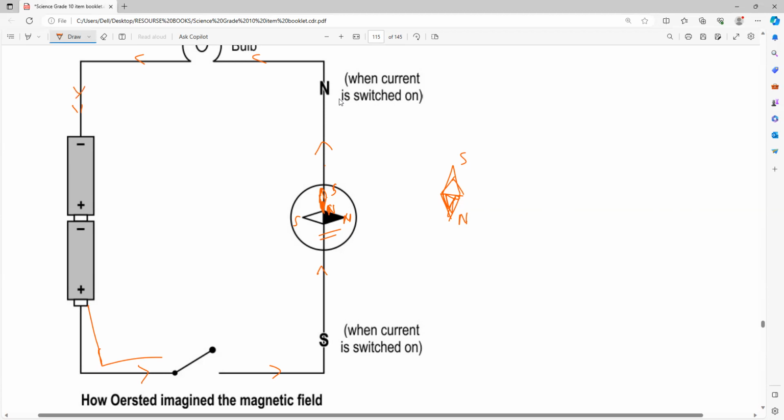So what will happen to the direction of the magnetic field? Check it, everybody. When the current is coming down, the magnetic compass deflects. Have you checked it, everyone? Is the deflection towards the right or left, clockwise or anti-clockwise? Verify.